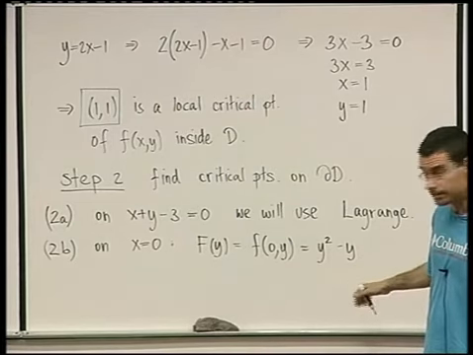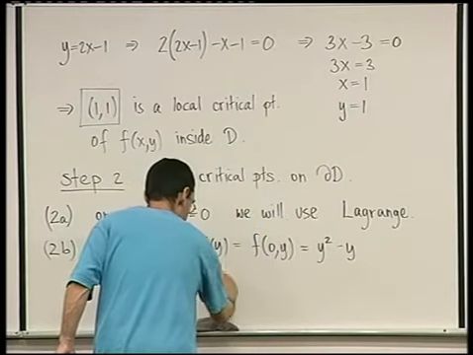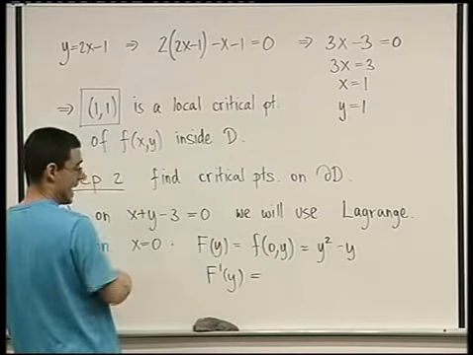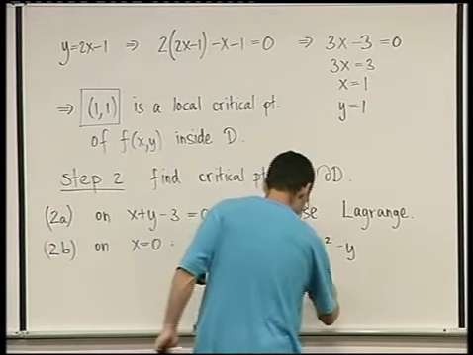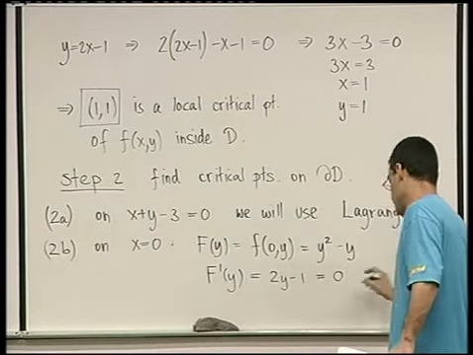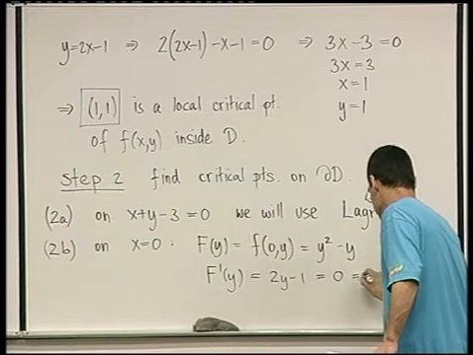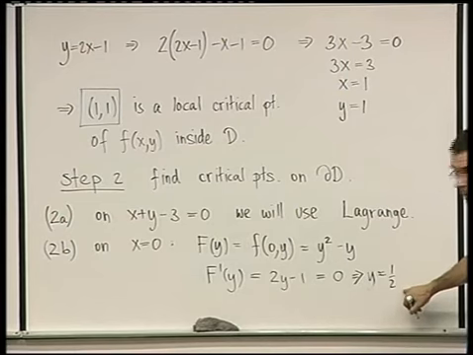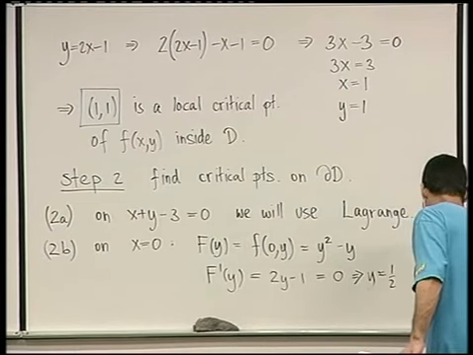Good? Okay, so in this case, f prime of y, the function defined at x equals 0, is 2y minus 1. We want to set that equal to 0, so we get 2y equals 1, y equals 1/2. What is x? 0. So we get the point (0, 1/2).